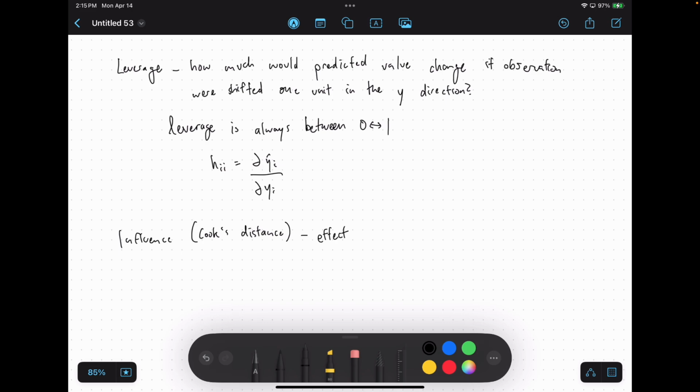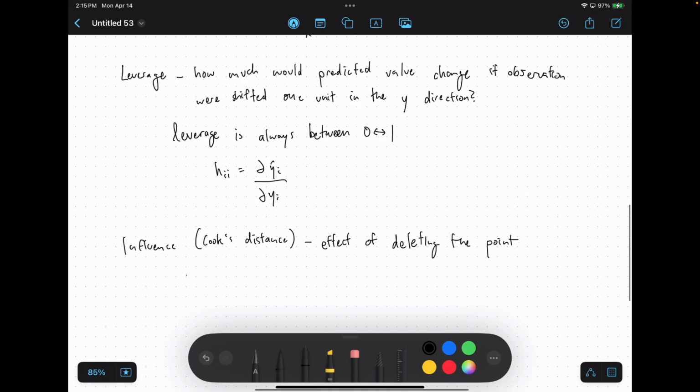This is the effect of deleting the point. So D_i is equal to the sum over j equals 1, of the fitted value y-hat_j minus the fitted value without point i, y-hat_j(i), squared, divided by k times your mean squared error.